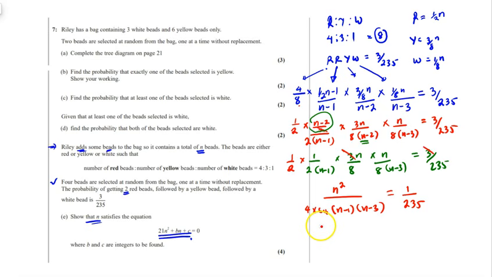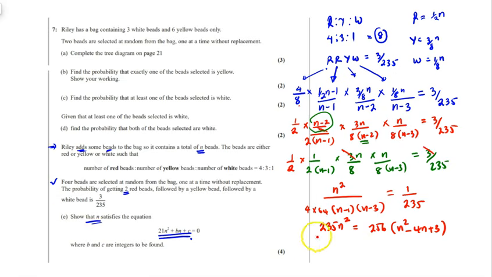So I'm going to cross multiply and open the bracket. This will be 256, and when you expand this bracket you end up with n squared minus 4n plus 3. Open the brackets, and then you have 235 n squared equals 256 n squared minus 1024 n plus 768.